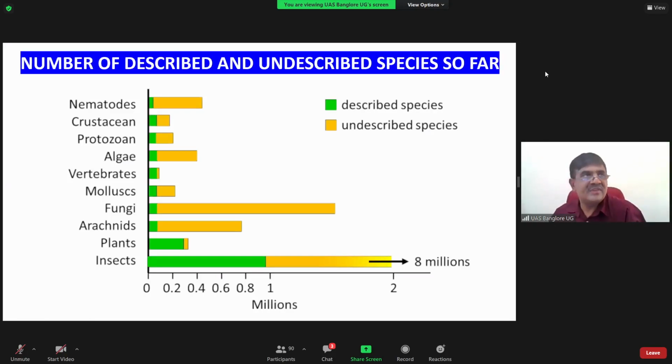Because insects live everywhere, some insects are accessible and some are not accessible. For example, the insects living in the deep ocean might not have been studied very well. Similarly, the insects in deep forest areas might not have been explored so far, or the insects in deserts might not have been studied extensively.